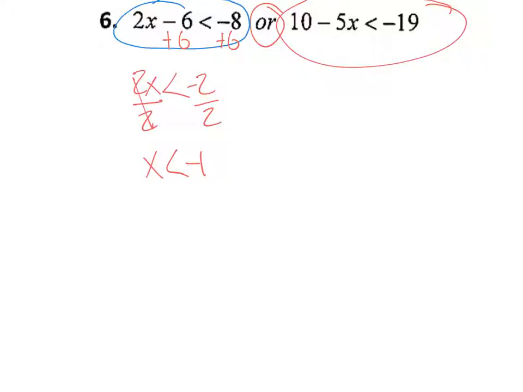What's my first step? Kristen. Subtract 10 from both sides. Okay, 10 minus 10. Negative 5x is less than what? Negative 29.